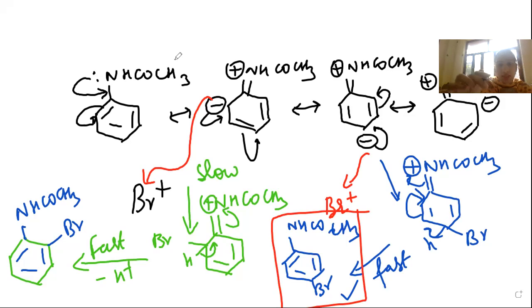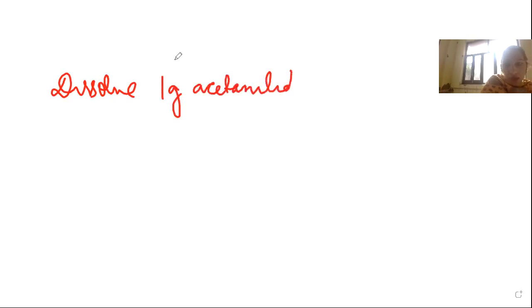Next is the procedure to carry out the practical. The first step is to dissolve 1 gram of acetanilide in 15 ml of ethanol, which is taken in a conical flask, right?